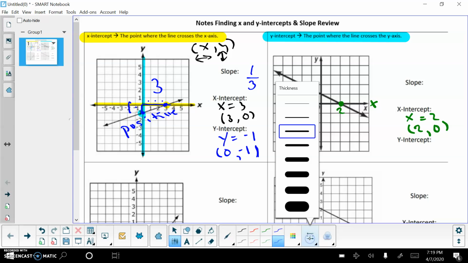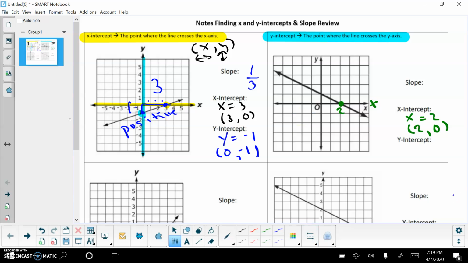Now for my y-intercept, it's up here, and that's at the 1, so I can say y equals 1, or I can do 0, and then it's up 1. Notice in the intercepts on both sets of coordinates, there's always a 0 there, because they are on the axis.